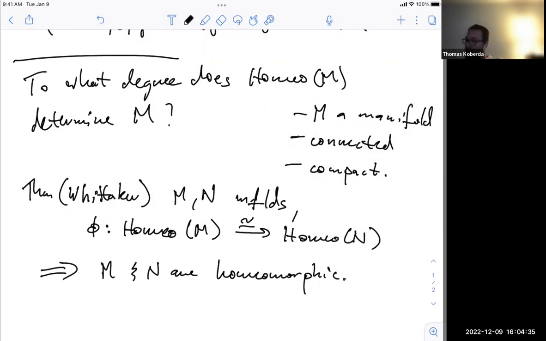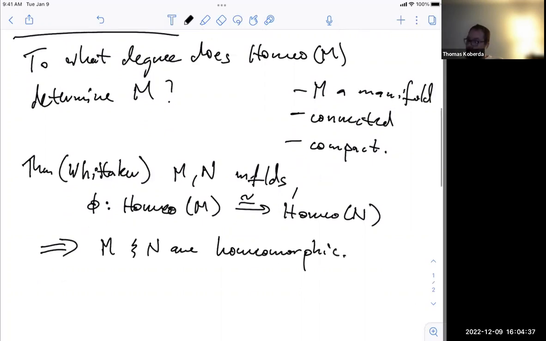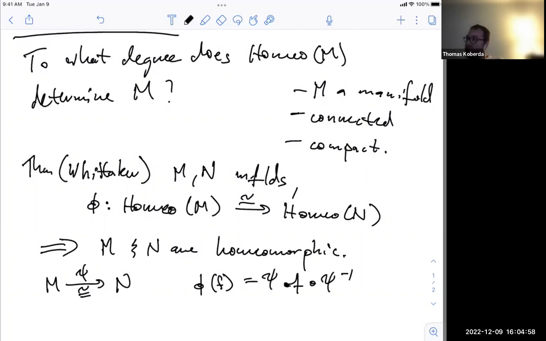And in fact, we can name this homeomorphism between M and N by psi, and we have that phi of F is given by psi composed with F composed with psi inverse.